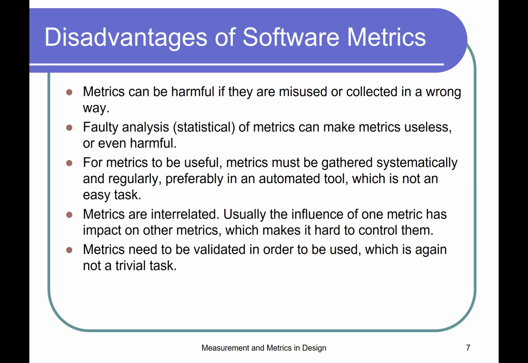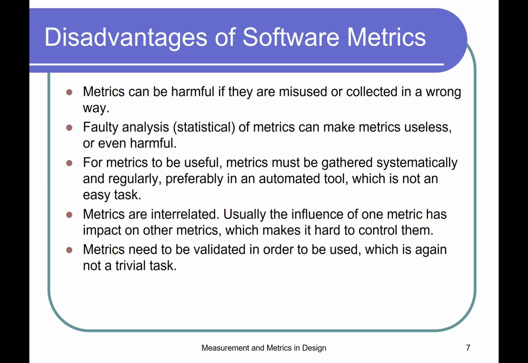It's not going to make sense. Preferably, if there's an automated tool that can do that for us, it helps us achieve this systematic approach to our metrics collection, our measurements, and that would be very useful if it's available and feasible. It's definitely not an easy task.